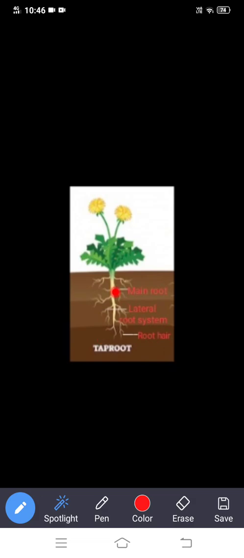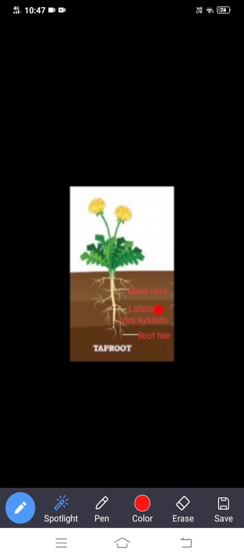So how does the middle root look like? It looks like a main root. Write the answer as main root. Second question, compare this middle root with the remaining roots of the plant shown. This middle main root should be compared with remaining roots. When we compare main root with lateral root, main root is more thick, lateral root is little thin.